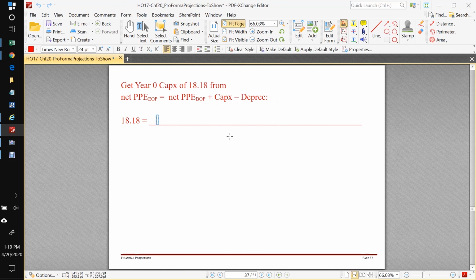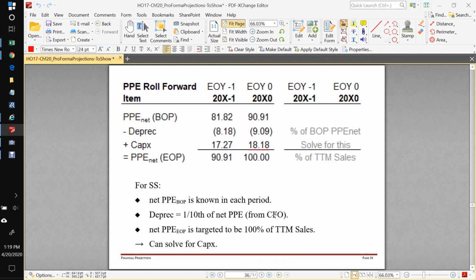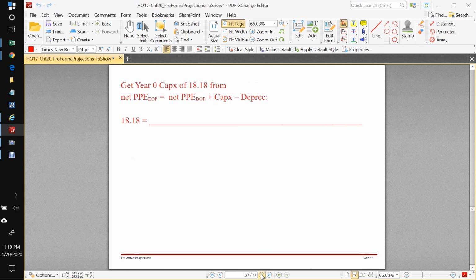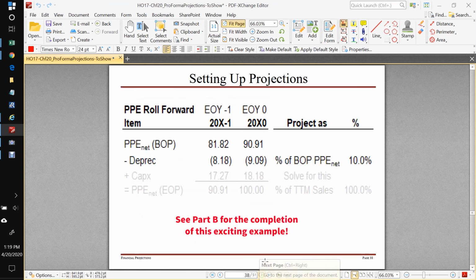So the net PPE at the beginning of the year, 18.18, is equal to our 100 minus 90.91 plus 9.09. And that gives us our 18.18, solving that for CapEx. Okay, now we're ready to set up our projections.